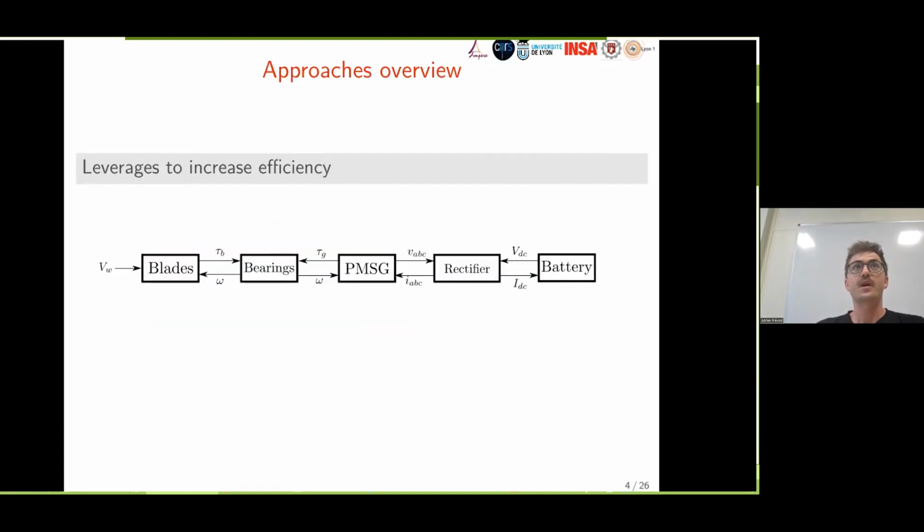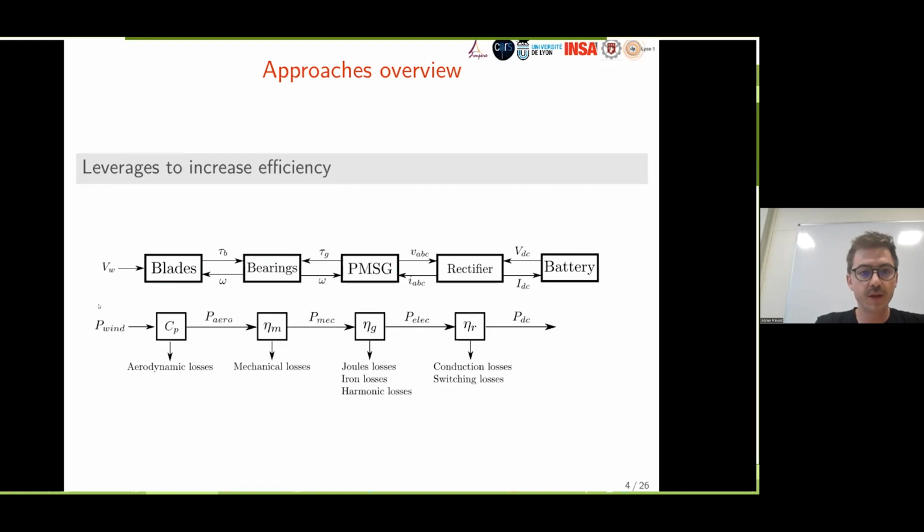So let's have a look at the global energy conversion chain. All these blocks are the different elements of the wind turbine, and all the arrows represent either efforts or flows. So blades, bearings, permanent magnet synchronous generator, rectifier, battery, they all interact with each other and all have a role in the conversion chain.